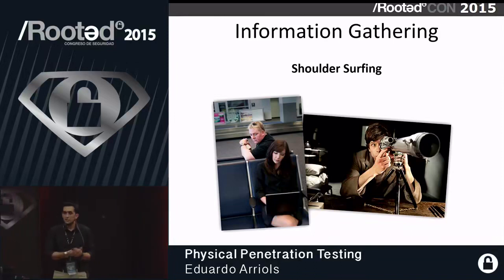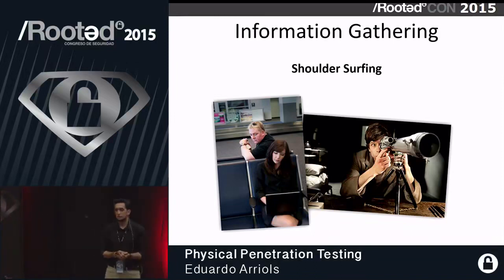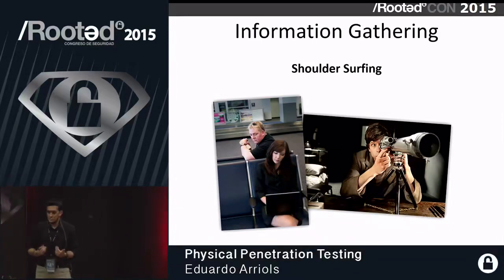Shoulder surfing. This is also very typical. If you follow your employees, for instance, when they go to have lunch, and then you pass by them, if you do this shoulder surfing, you can get lots of information.